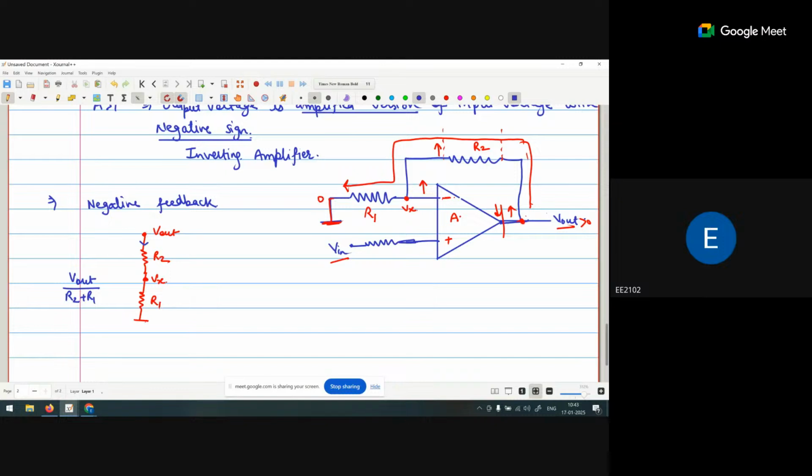Yes, sir. What is the voltage drop at this point? This current multiplied by the R2 is the voltage drop. So V out upon R2 plus R1 into R2. This is the voltage drop. What is the voltage drop here? V out upon R2 plus R1 multiplied by the R. Okay?